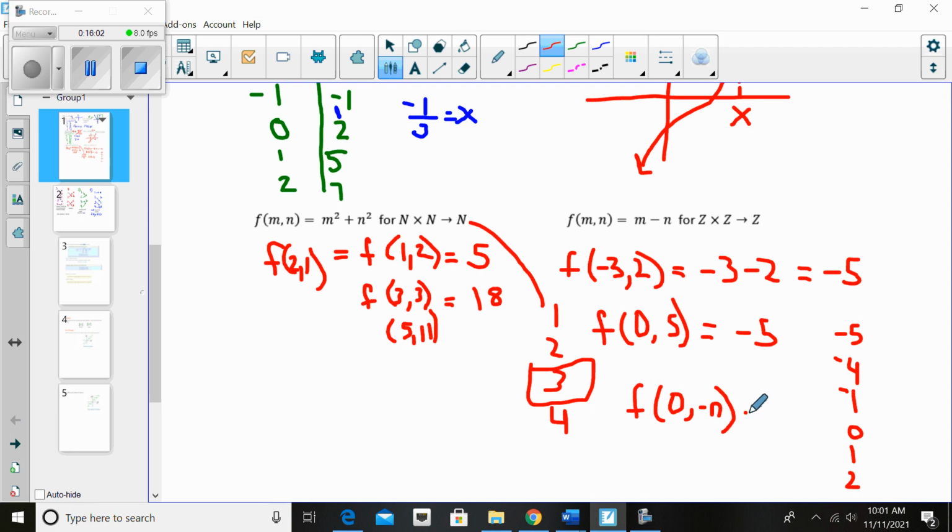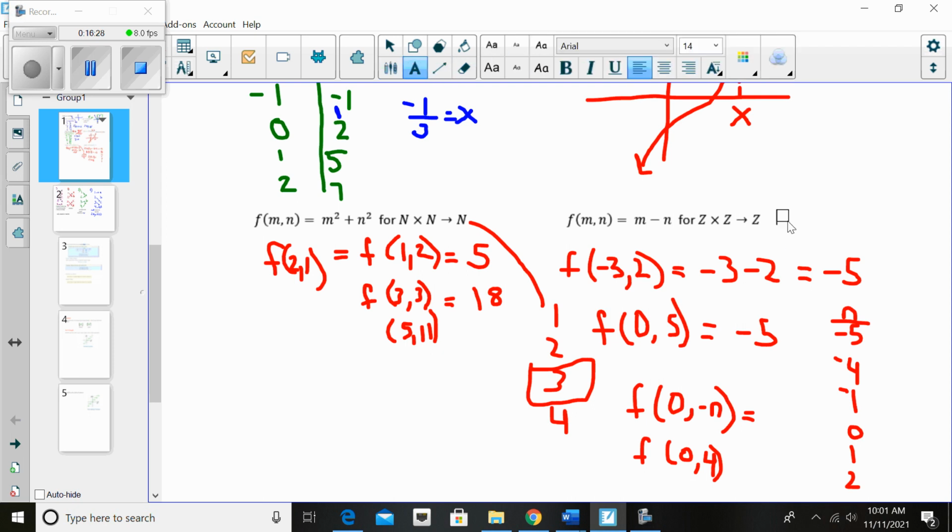So if I want an output of n, for any n, then, for example, to get an output of -4, I could just plug in (0, 4), and that would give me an output of -4. Therefore, this one is onto, but it's not 1-to-1. All right, so let's stop here and take a break.